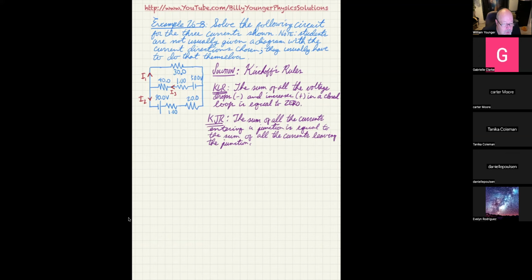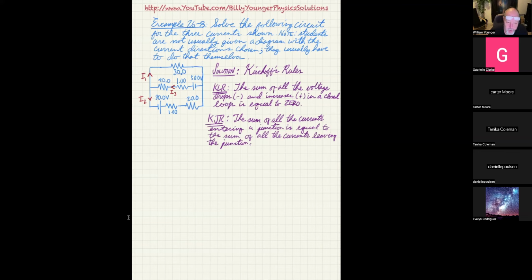What I'm going to do now is apply Kirchhoff's loop rule to this very circuit, and compute the voltage drops and increases in a closed loop. But what you need to understand is when you're crossing a battery, if you go from the short bar of the battery to the long one, that's a voltage increase.